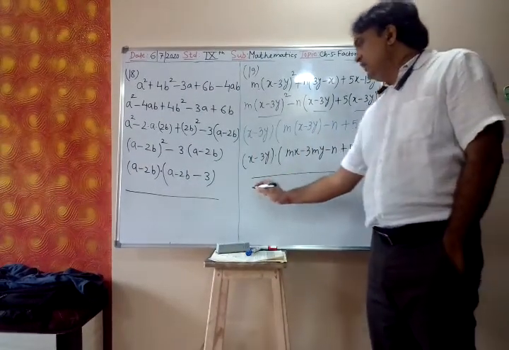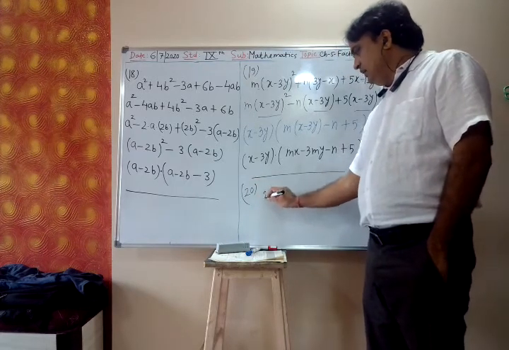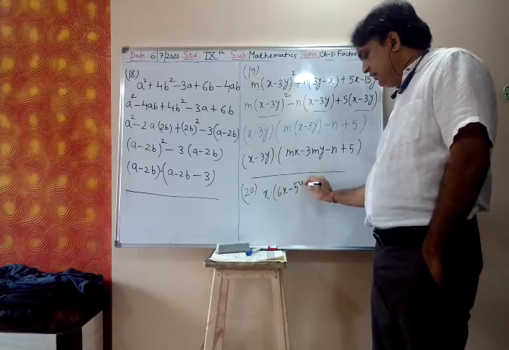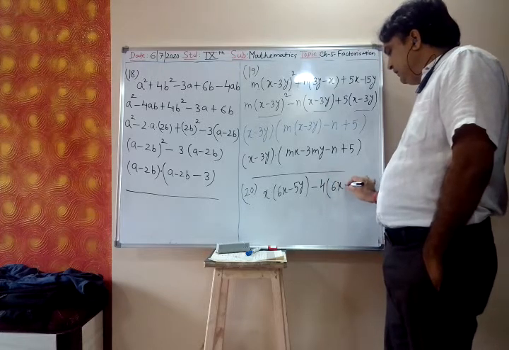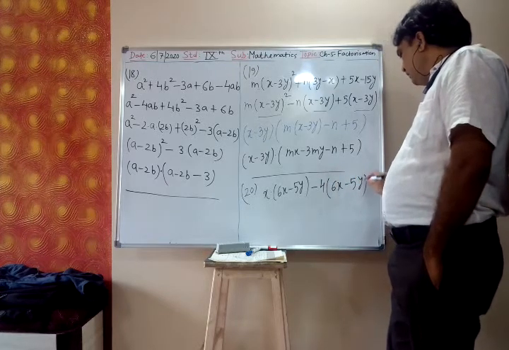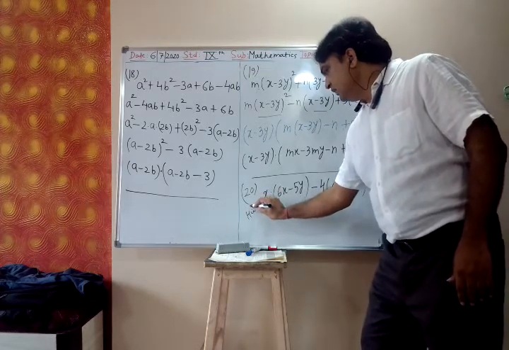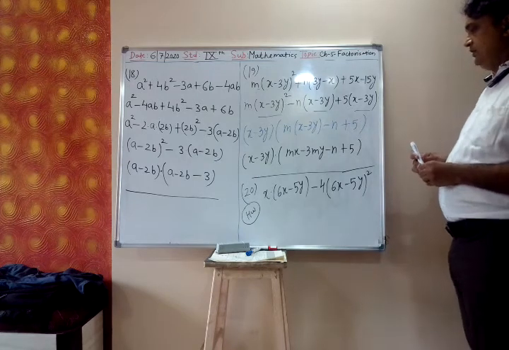Now 20: x into 6x minus 5y minus 4 into 6x minus 5y square. This I am giving as homework. 6x minus 5y, we will take common.